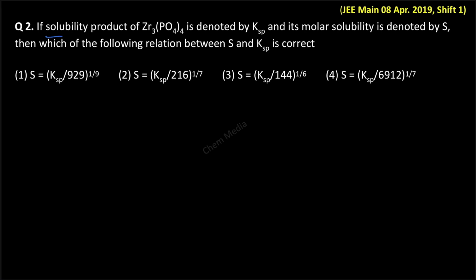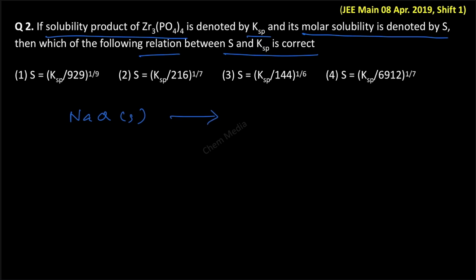If the solubility product of zirconium phosphate is denoted by Ksp and its molar solubility is denoted by S, then which of the following relation between S and Ksp is correct? First of all, we need to understand how we write salts and their dissociation. Let's say if we have a simple salt like NaCl, when it dissociates, it would dissociate as Na plus plus Cl minus.